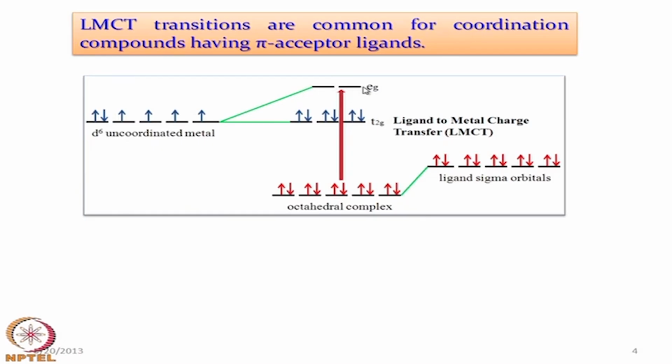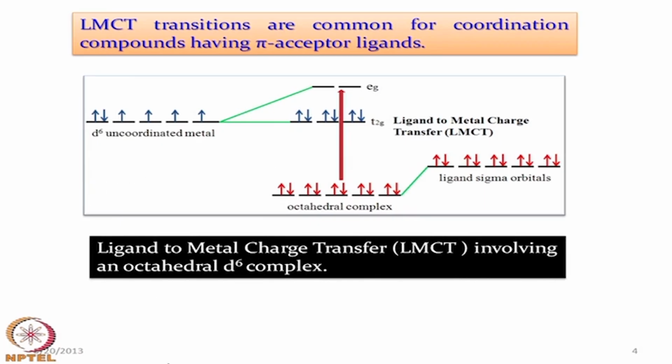Eg is the antibonding level compared to the T2g level, and it is vacant. So, the charge density can flow from the ligand orbitals to the vacant metal orbitals, and ligand to metal charge transfer transition can take place here.